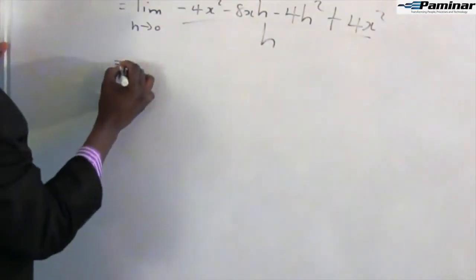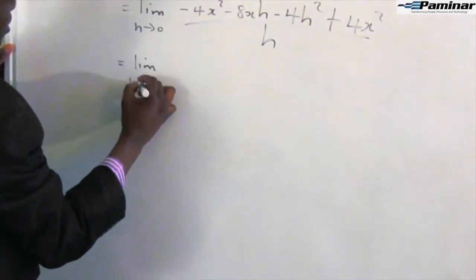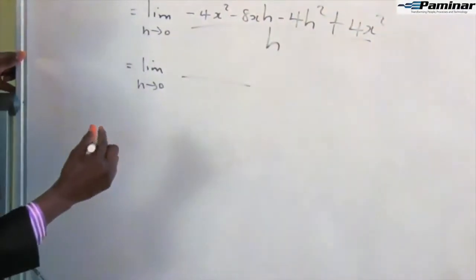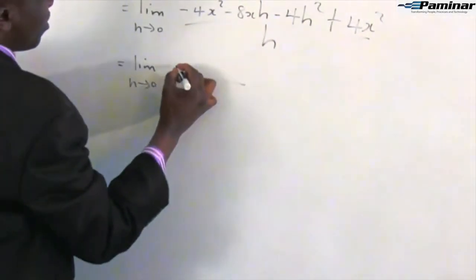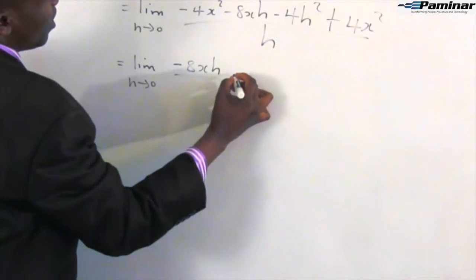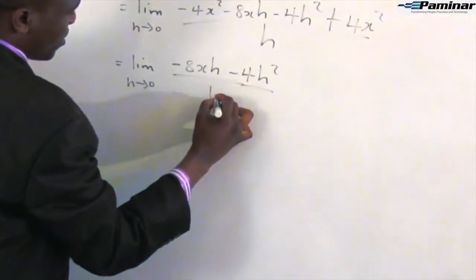Alright, so now the limit as h approaches 0. Now this one goes. And then we're going to remain with minus 8xh minus 4h squared, all over h.